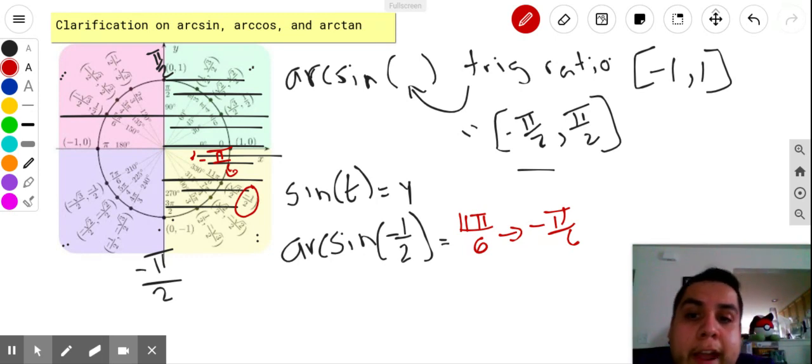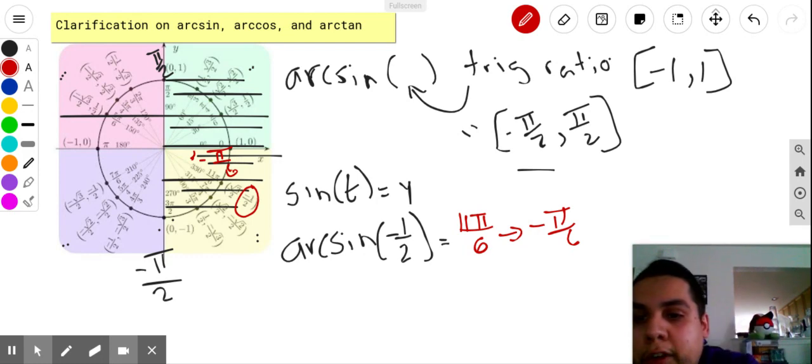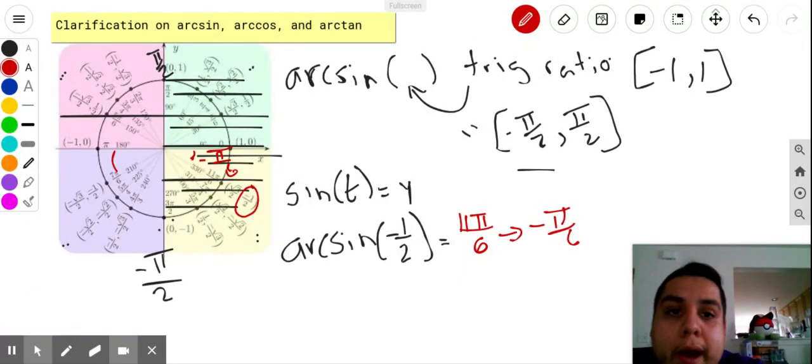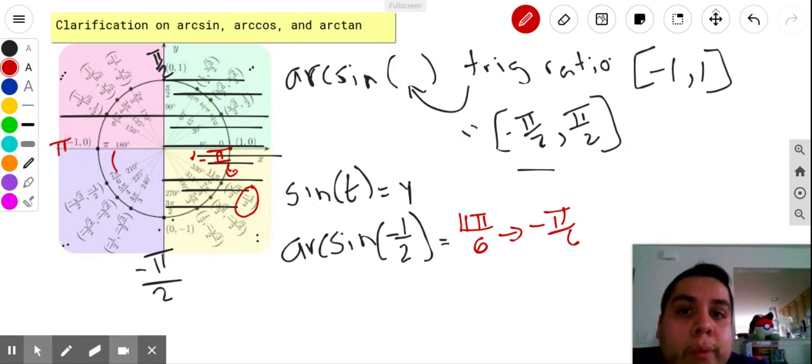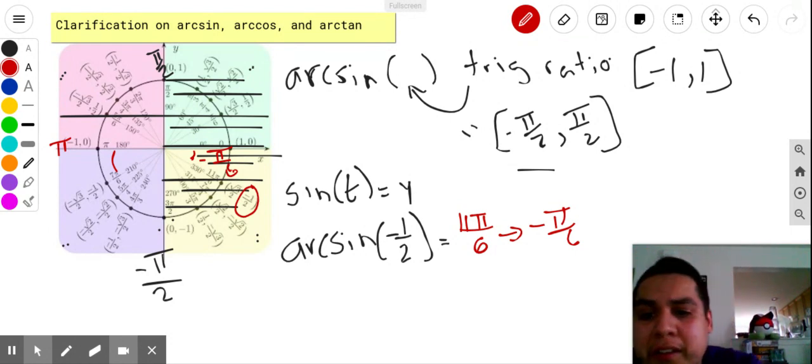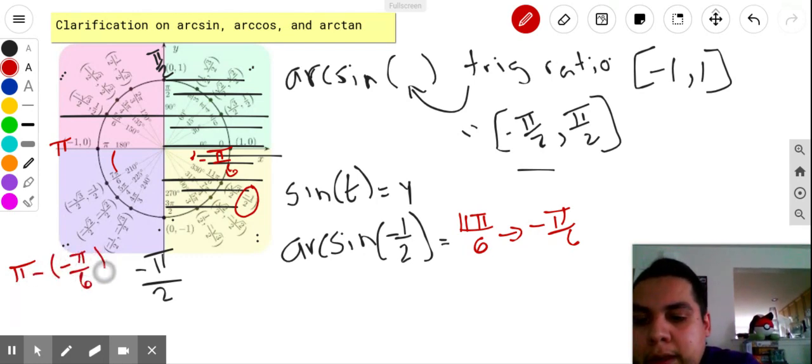So once I know I have that answer there, I need to find another answer over here. So I take the pi that's right here, and this time I would still technically subtract that angle. So it'd be pi minus the angle I just found, which should give me that 7 pi over 6. That's this one right here.